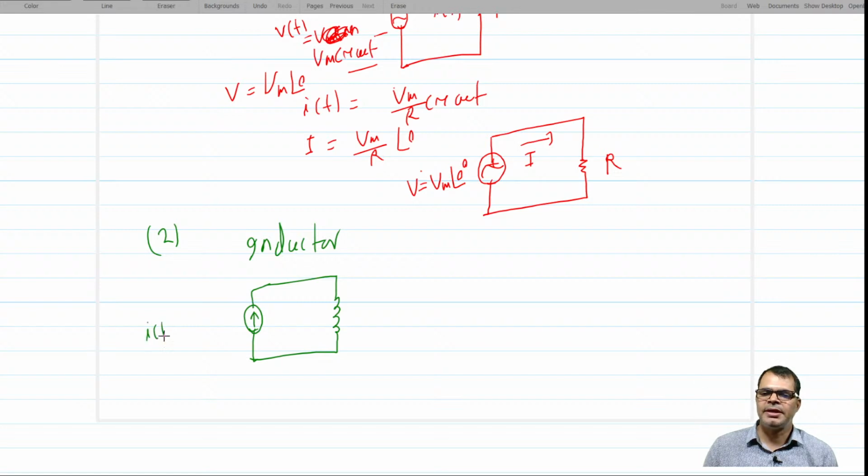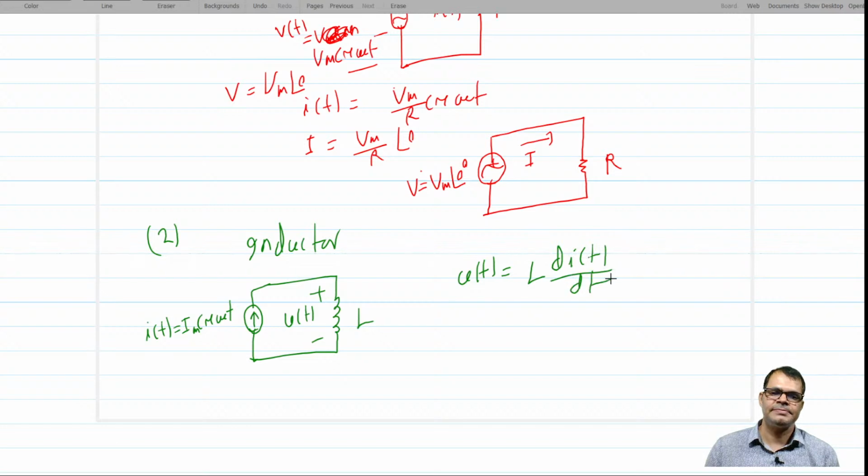So i(t) is equal to Im cos omega t. We need to find v(t). This is L. We know from the basic equation, v(t) is equal to L d of i(t) by dt. So put the values.